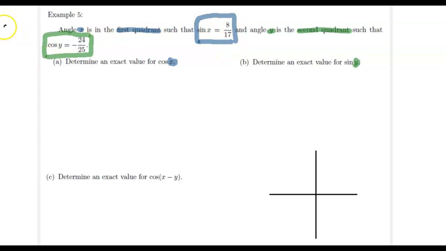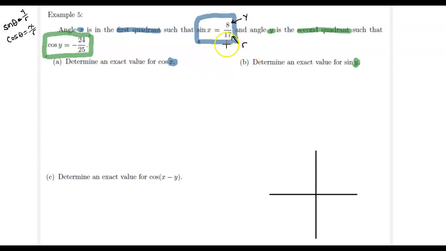Let's remember that sine of theta is equal to y over r, and cos of theta is equal to x over r. Because if sine of theta is y over r, that means this is my value of y, and this down here is my value of r.